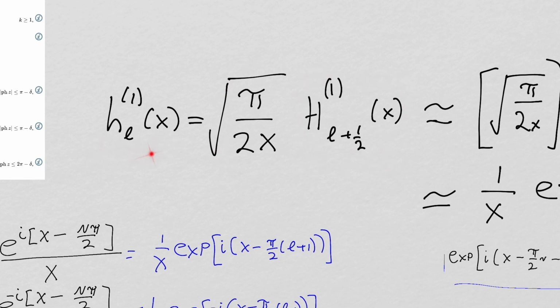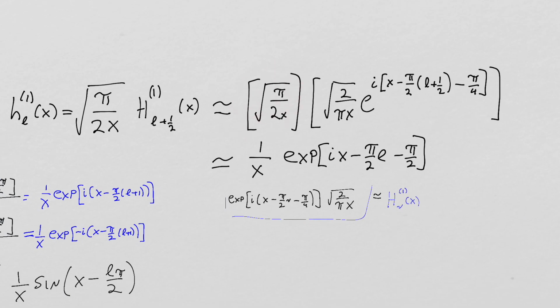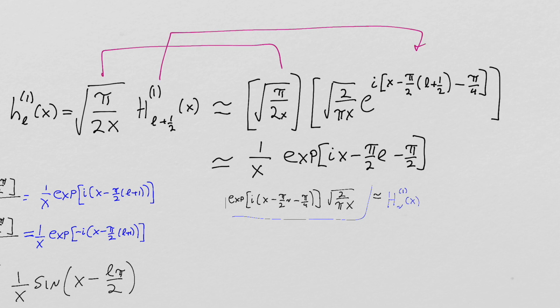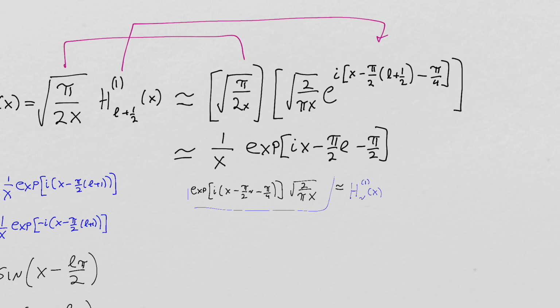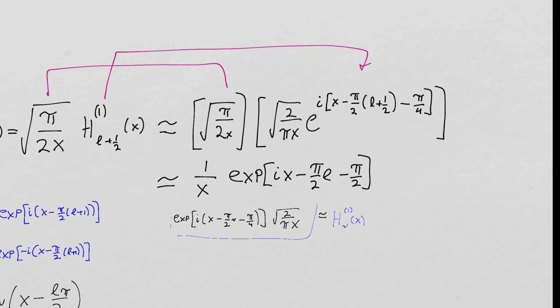So the asymptotic form of this is going to equal the square root of pi over 2, over 2x, that's this term, and it's going to be the asymptotic form of the Hankel function of order L plus 1/2. So what we do is, this was the solution from our previous work. Nu, right here, the order was in terms of nu, but now we substitute for nu L plus 1/2, right? And we just get this guy right here, and then we just crunch the numbers.